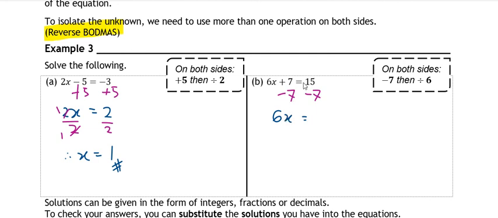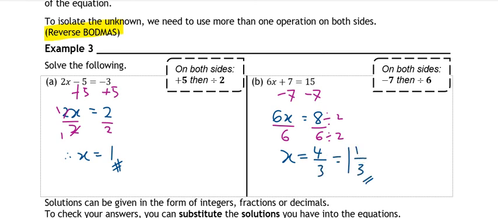On the right, 15 plus 7 is 22. Proceed to the next step, which is to divide both sides by 6. Therefore x equals 22 over 6. You can put it into lowest terms by dividing by 2, so you will have 11 over 3, or you can write it as 3 and 2/3.